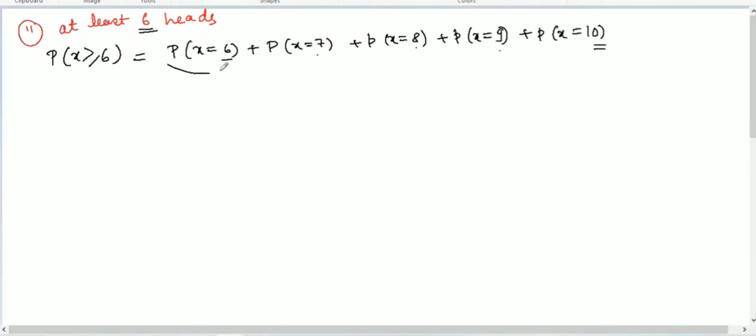Now this is a separate question for the binomial distribution.